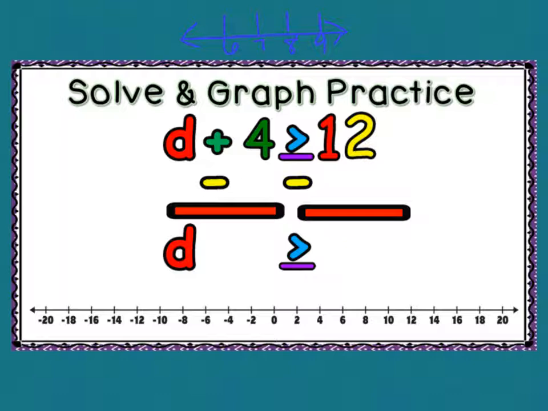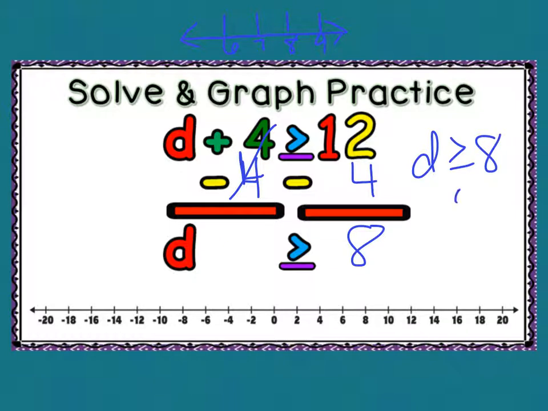Okay, so now that you're coming back to check, and plus because of that horrible music background, I don't know what happened there, you want to add -4 to both sides. So you have D is greater than or equal to 8.